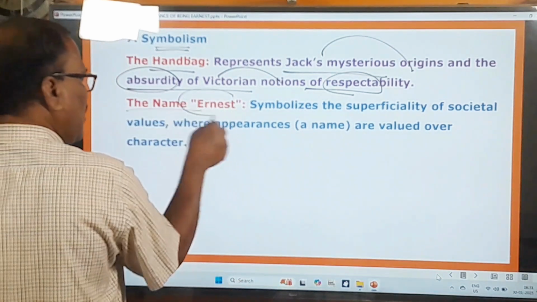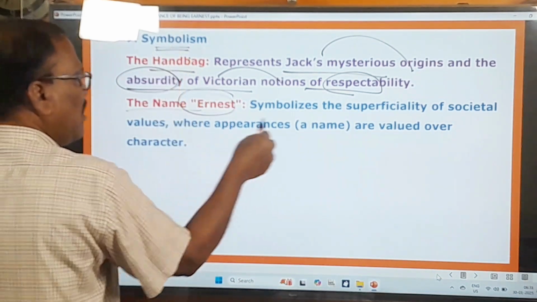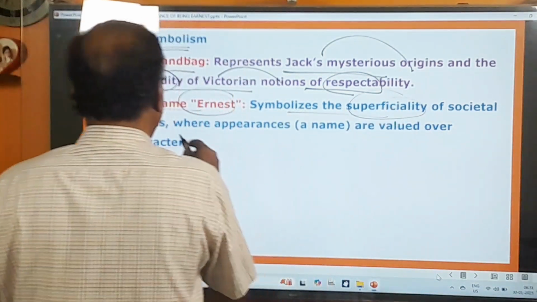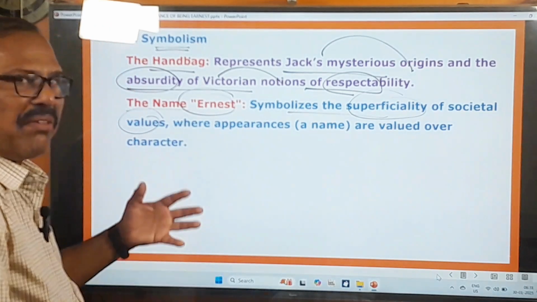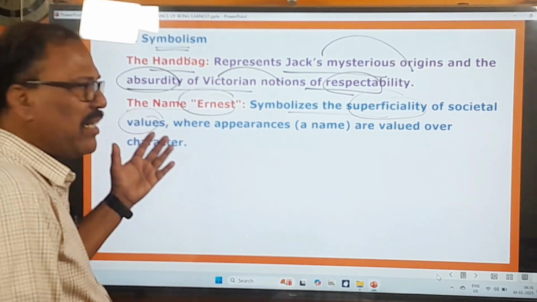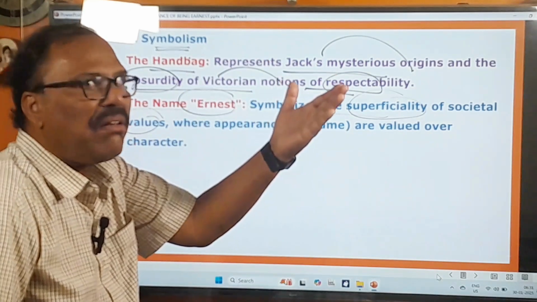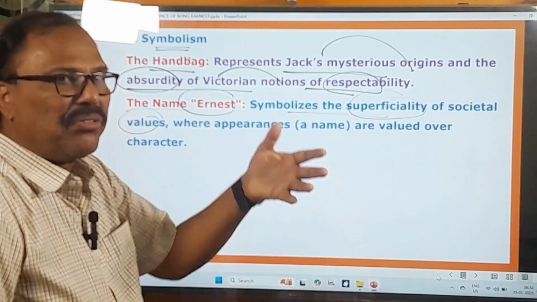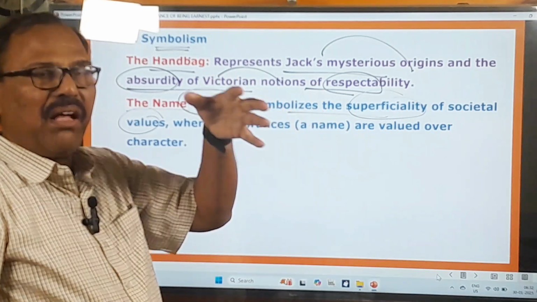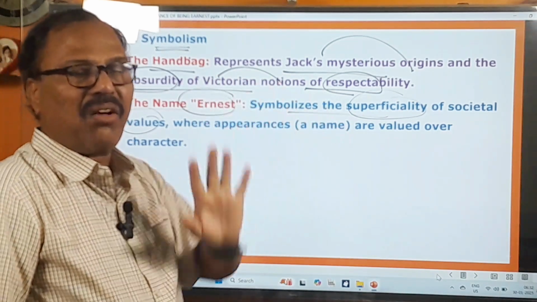The name Ernest is also a symbol of the superficiality of societal values. So this tells us that the people of the Victorian era have given top priority only to superficial, external values, not to authentic values, emotions and intentions.